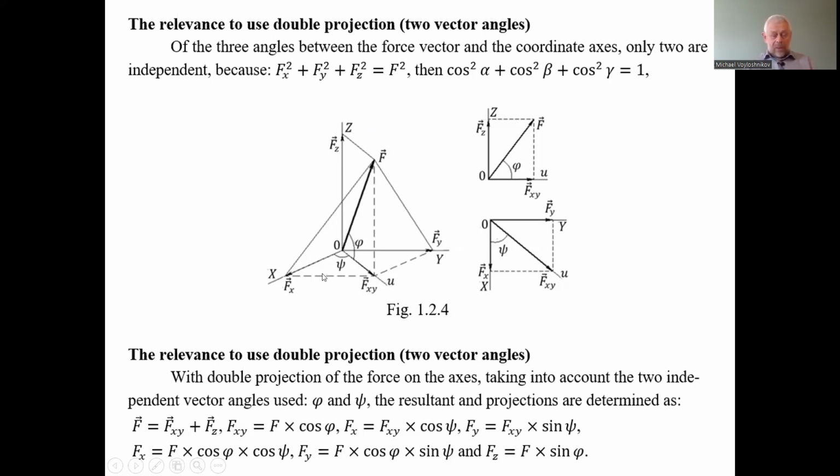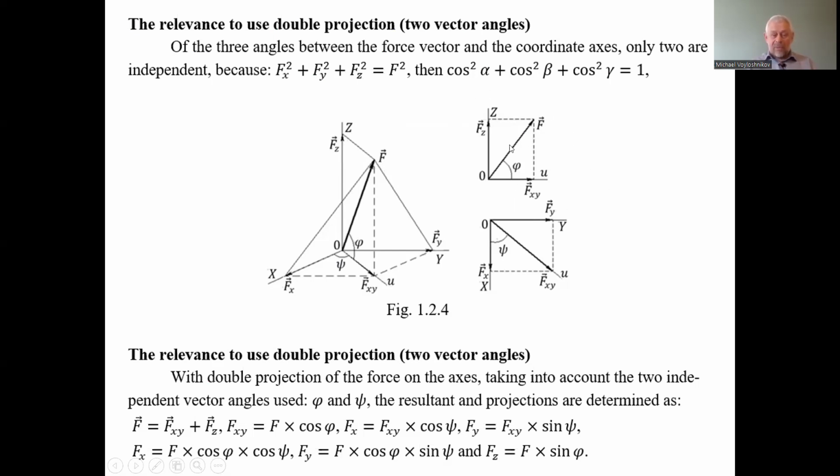And we have the horizontal plane x0y, perpendicular to the axis z and perpendicular to the plane of this rectangle Fz, Fxy, and 0. So if we consider the projections in this rectangle, on the plane parallel to the z-axis, we can indicate them on this part of the picture.